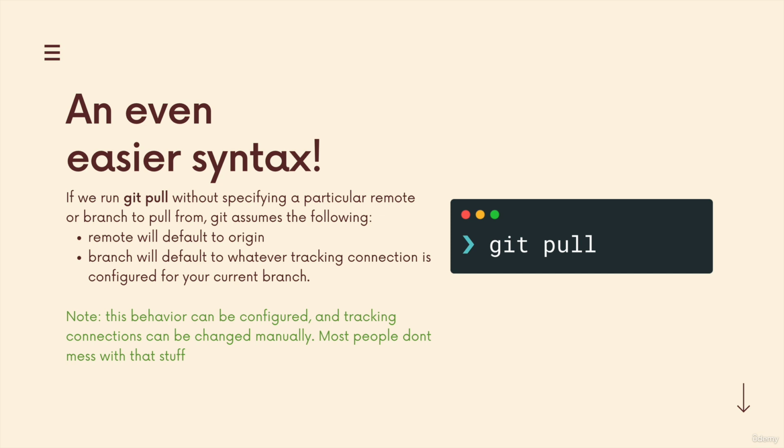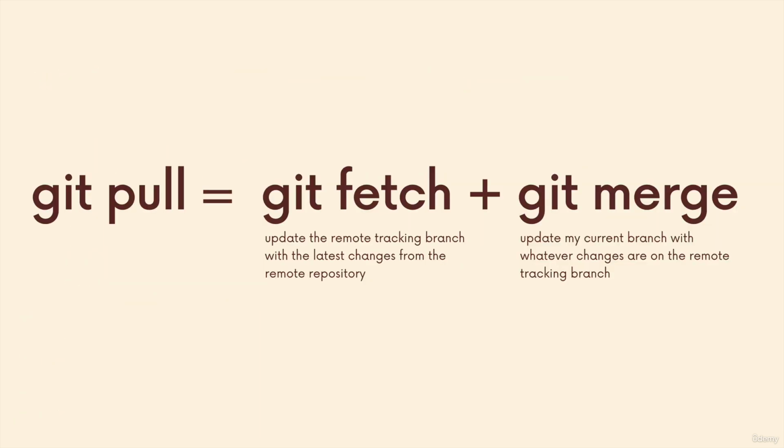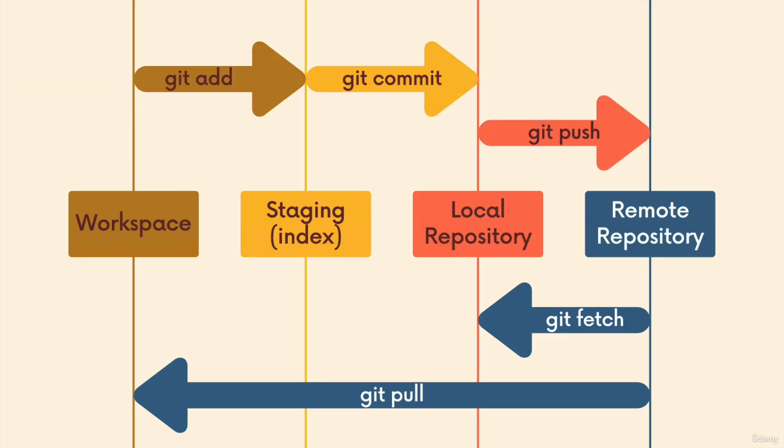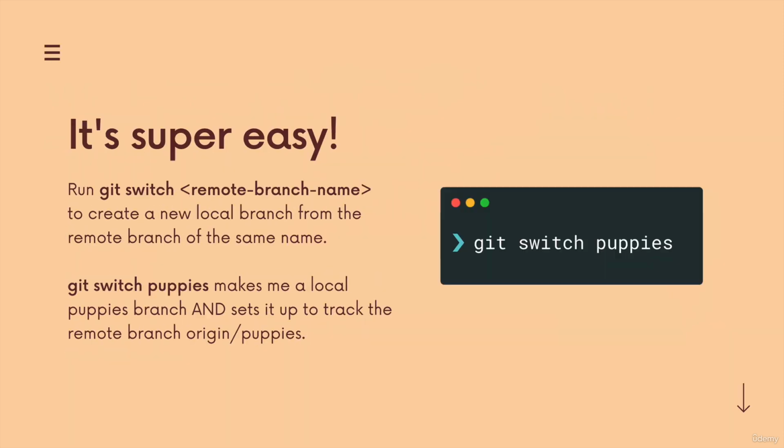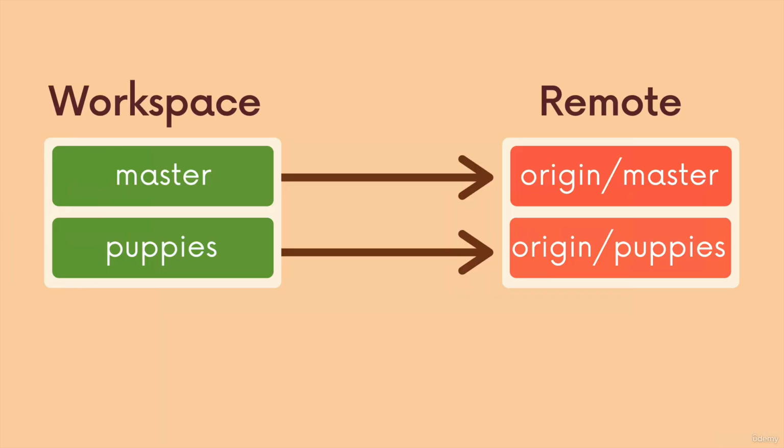And as in every example we've done so far, the tracking connections are set up for us. We never specify a tracking connection. I didn't create them. Simply by switching to a remote branch. If you recall, when we did a git switch, git switch puppies or git switch food or git switch movies, that branch was set up for us and it automatically had a tracking reference to the remote branch.